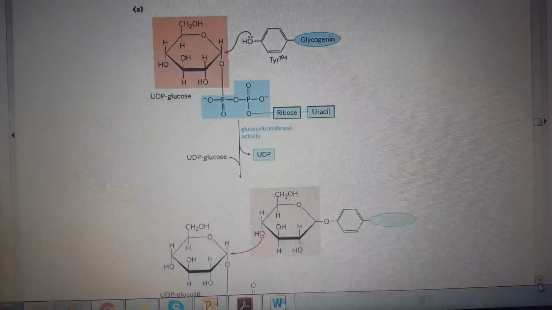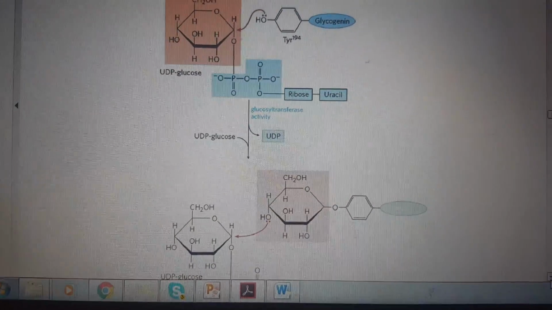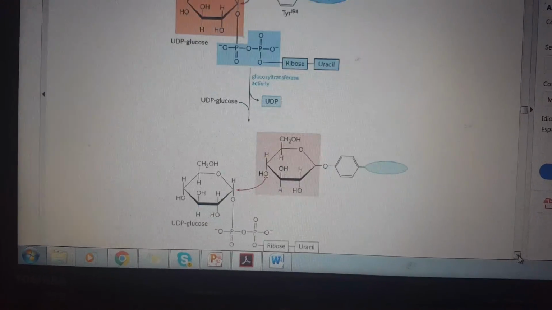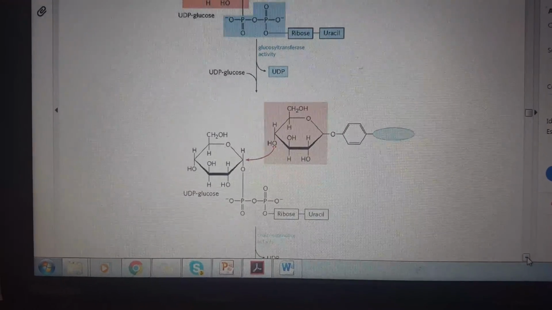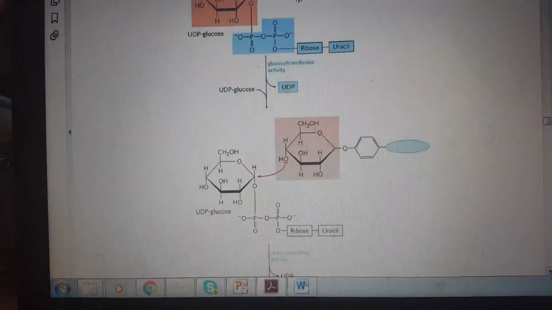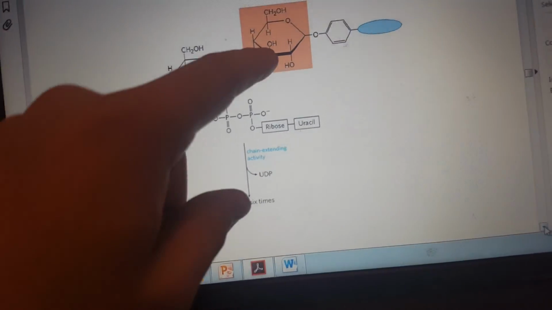This is the way that it's going to be elongated to the 8 residues that we discussed a minute before. As you can see, the chain is going to be elongated by UDP glucose monomeric fragments, and then we have 2 residues here.